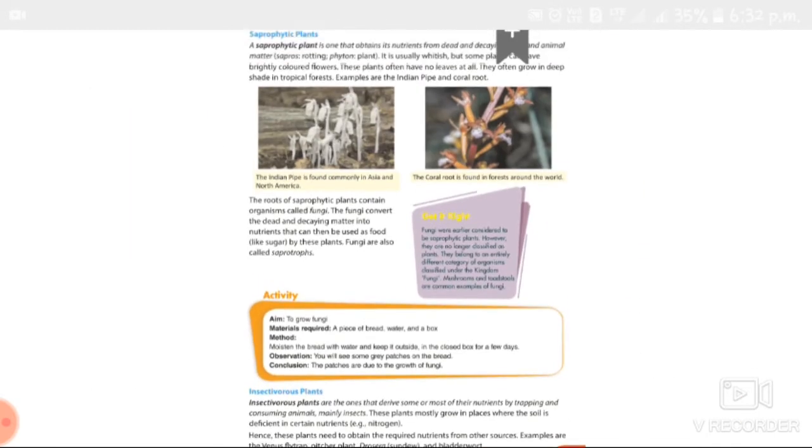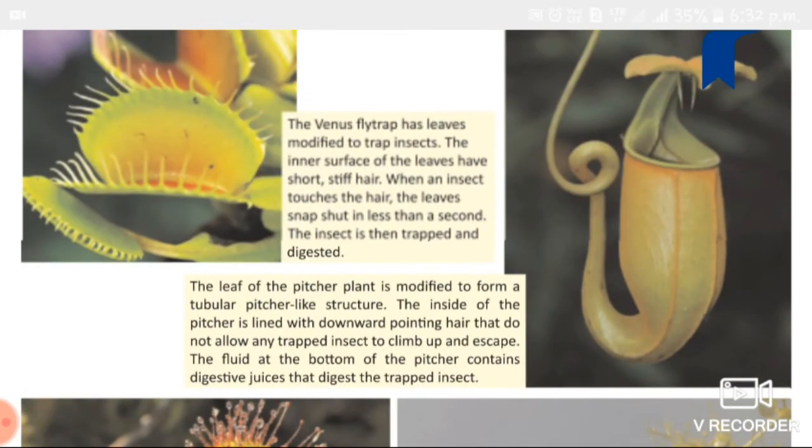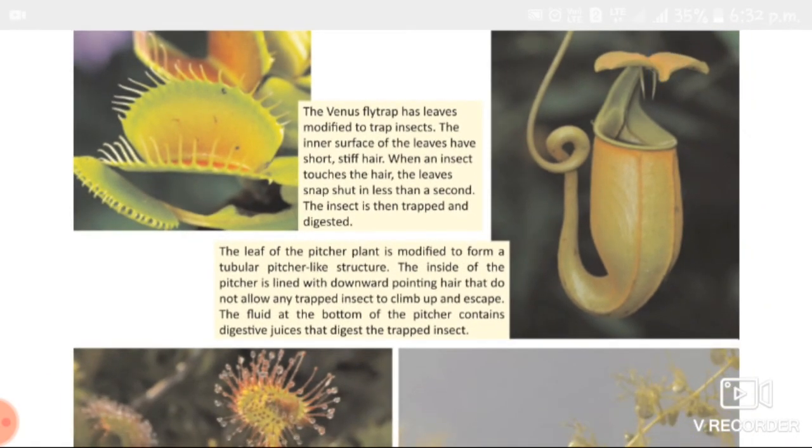Remember? Here you can see that this first picture is a Venus flytrap. It has leaves modified to trap insects. When an insect falls inside the leaf, it will snap shut and it will eat the insect. When it digests that, it will absorb the nutrients from it. That is Venus flytrap.